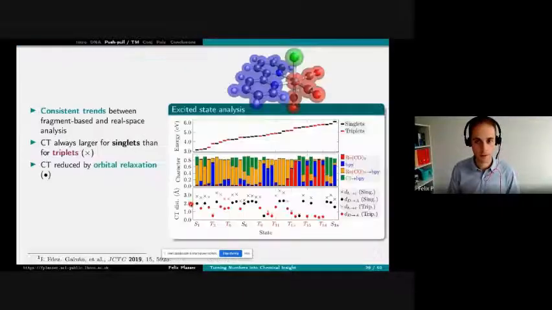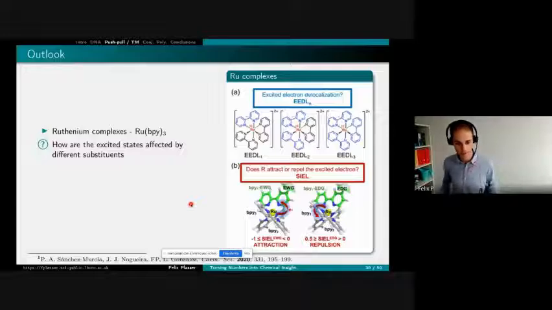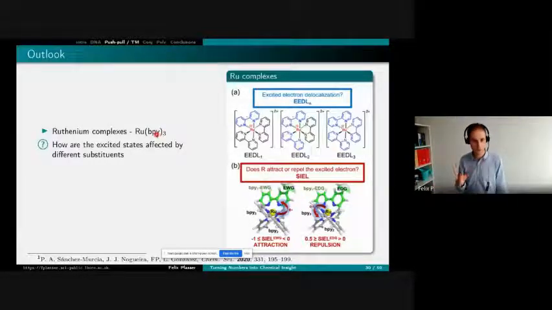All right, now just to give you a different type of example, a more recent paper from the Gonzalez group again. We're looking at ruthenium complexes, the standard one, Ru-bpy, and then putting on different substitutions, and wondering how the states are affected by the different substituents. First we look at the excited state electron delocalization.